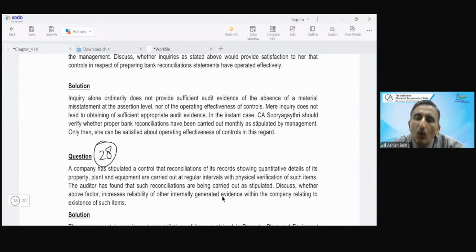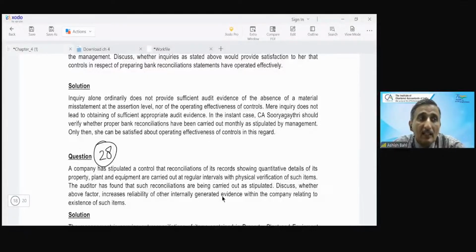There is a control which is mandated by the management, according to which the reconciliation of PPE items on physical verification is to be done with its records.